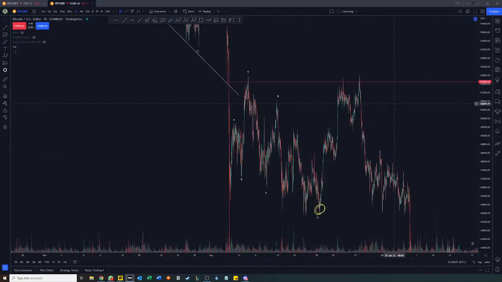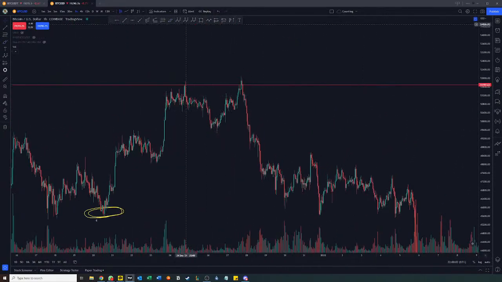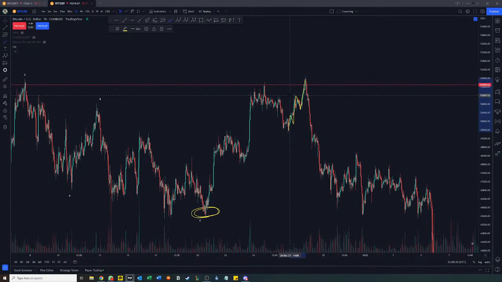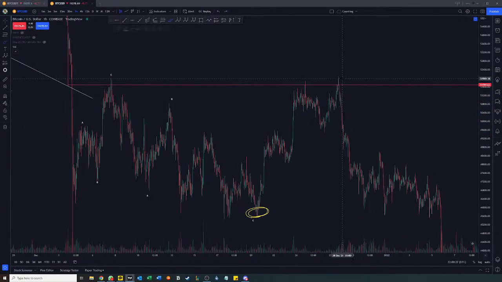So if I zoom in, I see 1, 2, 3, 4. It's probably like this, and then 1, 2, 3, 4, 5. So it's 1, 2, 3, 4 with an extension 5. This is also a very easy short.